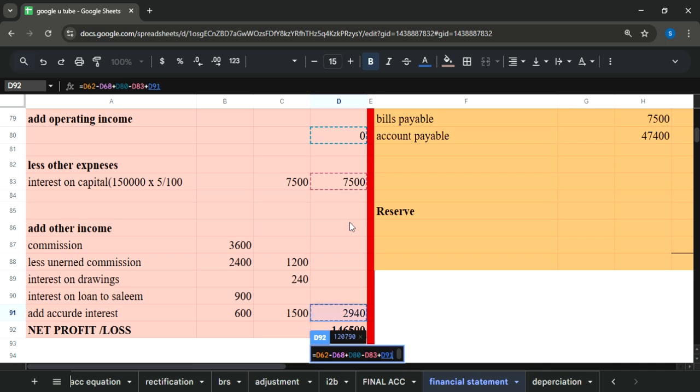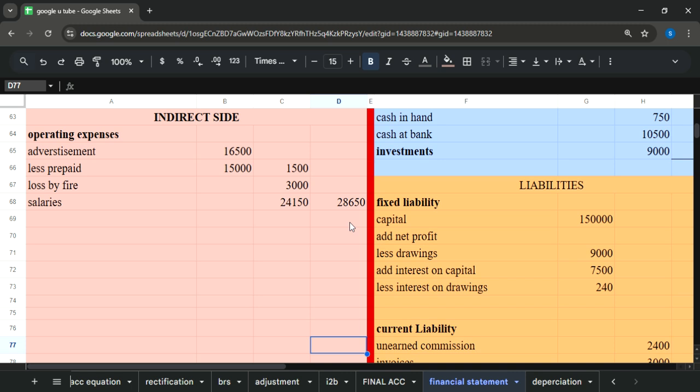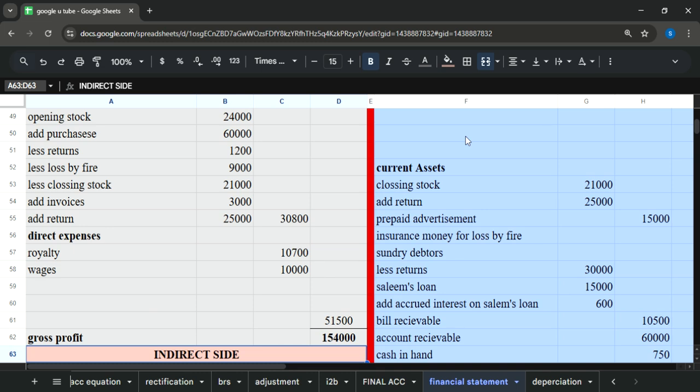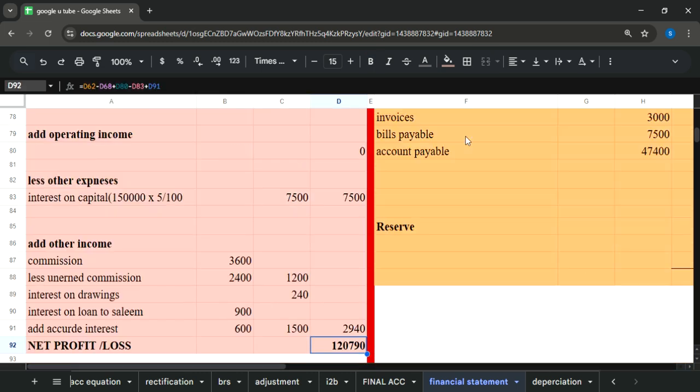This is the total of other income. So what we have got is 120790. I'm sure you remember that there was one adjustment, 7. The general manager is entitled to a commission of 10%. So you will be calculating this commission after this, and you may take the commission over here. For that we need a place, so let's make an indirect place over here.